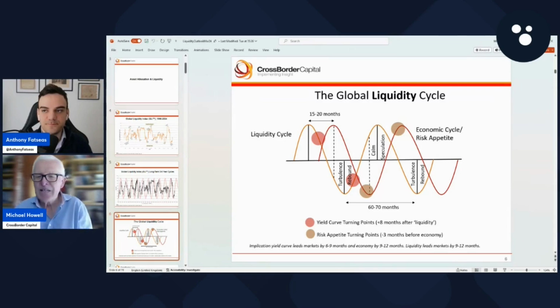That leads the real economy or the risk cycle by, on average, about 15, 18 months or so. Again, that's very much on track. The cycle overall lasts between 60 and 70 months.